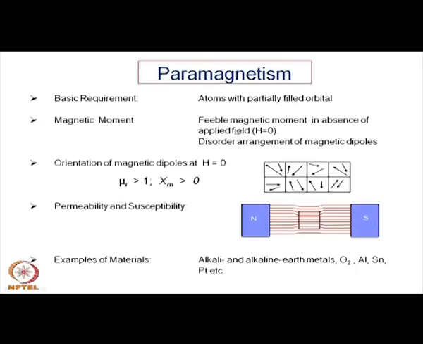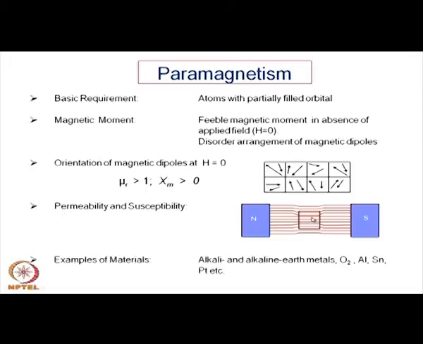There is a feeble magnetic moment in the absence of an applied field, and a disordered arrangement of the magnetic dipoles on each atom. When we apply a magnetic field, they like to get concentrated within the material.